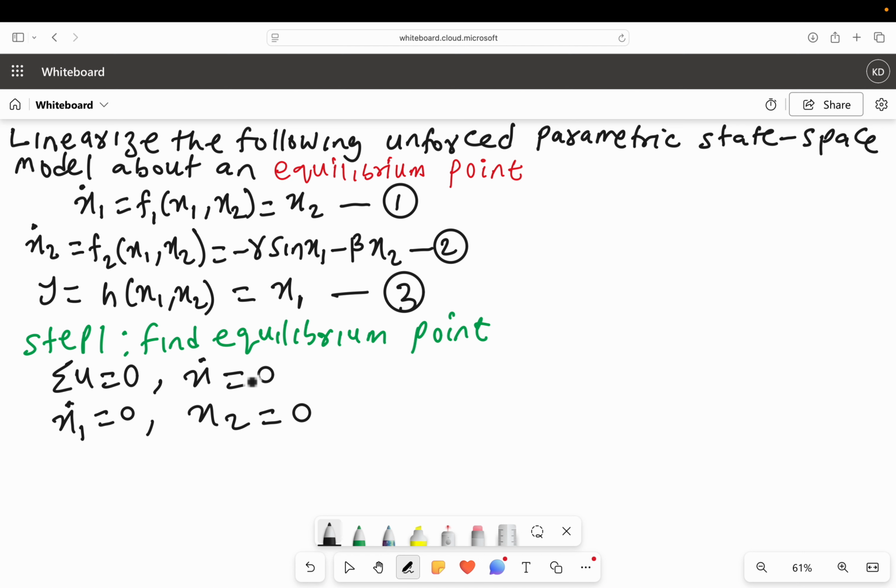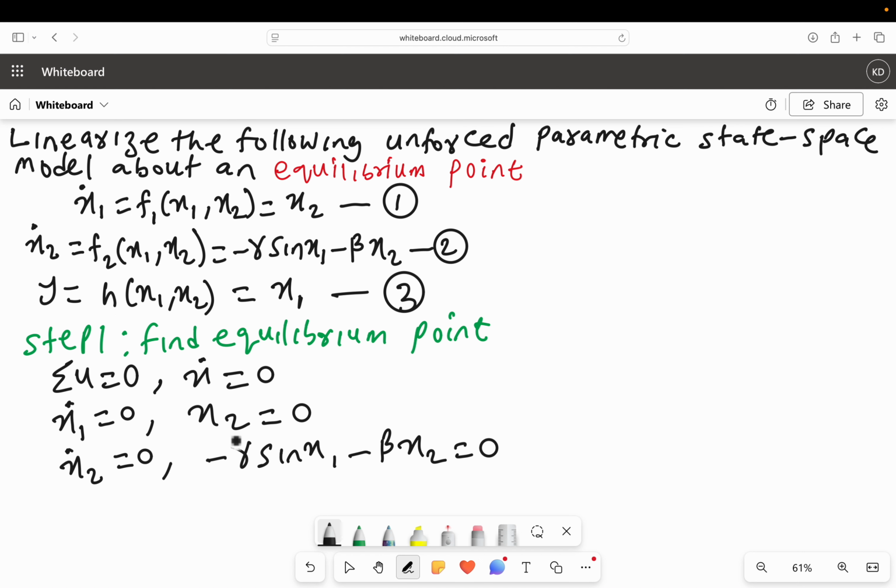Applying the condition of equilibrium to equation 2, if S2 dot is 0, then minus gamma sine x1 minus beta S2 is equal to 0.